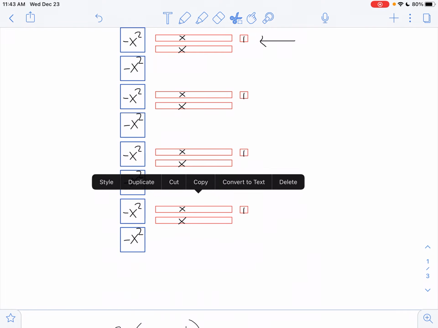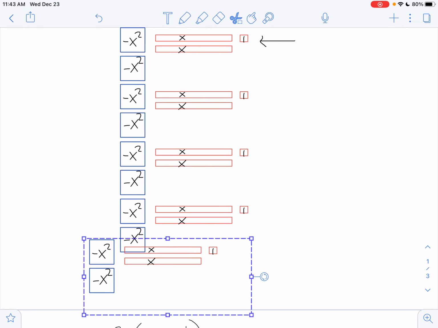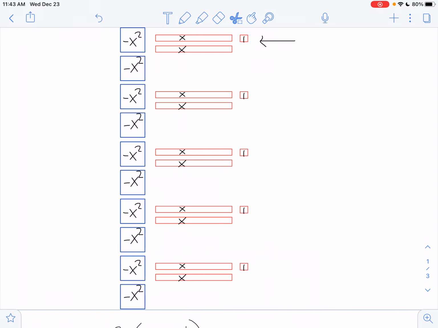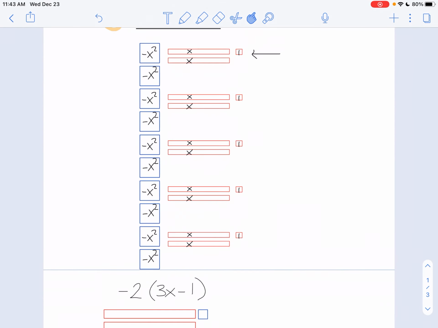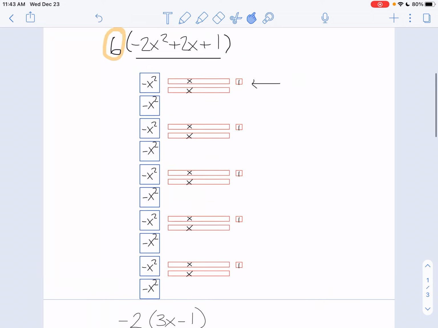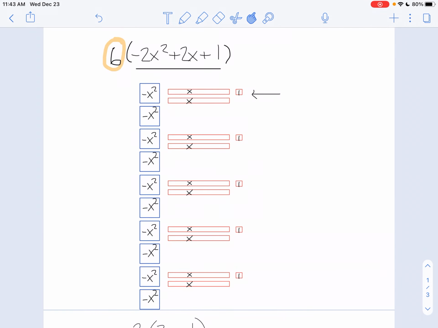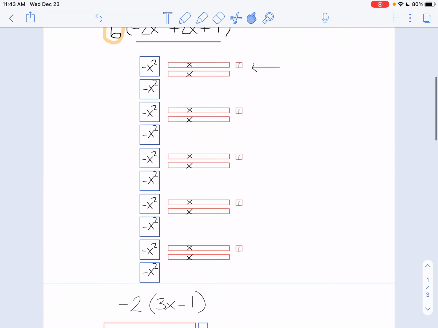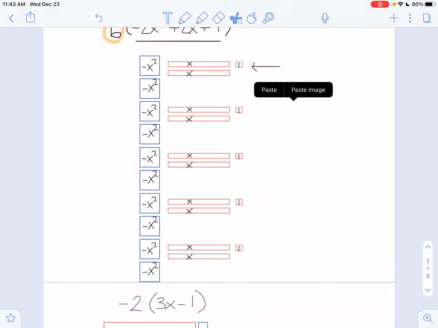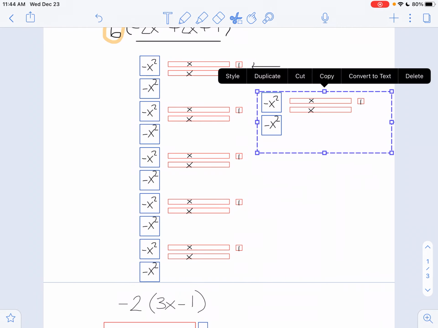So we have to make 5 photocopies if you want to think of it that way. So we have 6 total, including the original. So we've got 1, 2, 3, 4, 5. We need 1 more. So we'll just paste that over there, I guess. Okay, so now we've got 1, 2, 3, 4, 5, 6.